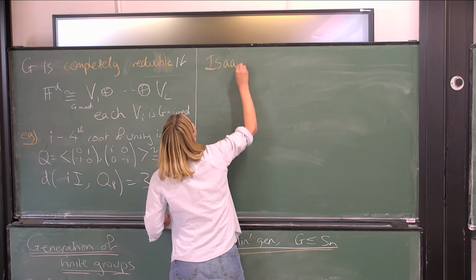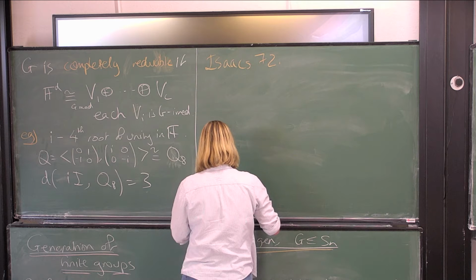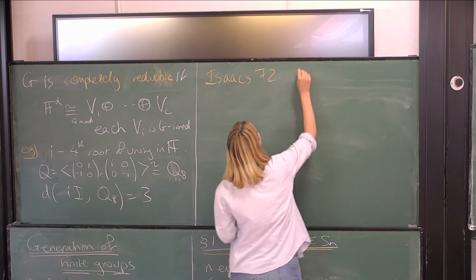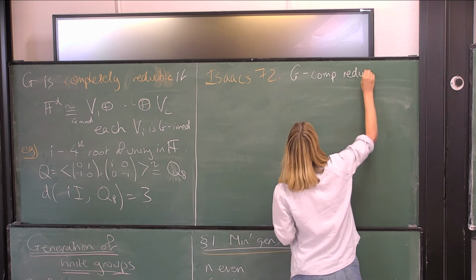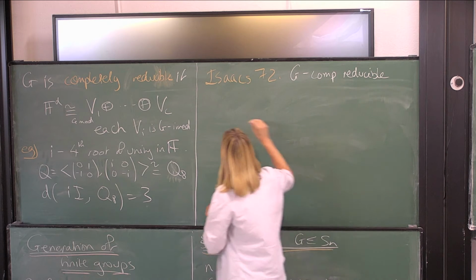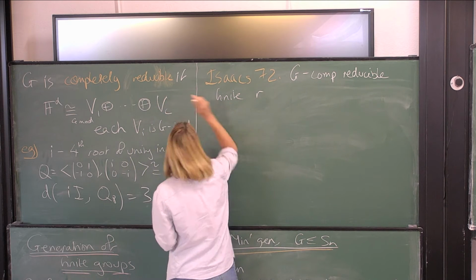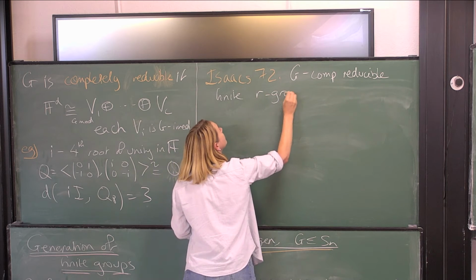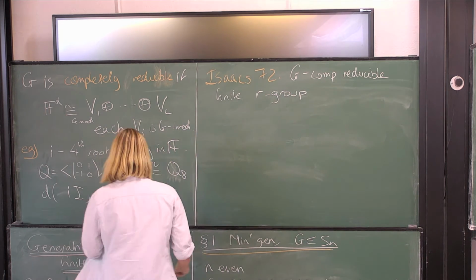So that gives me 3 for each 2-dimensional bit. And Isaacs, back in '72, proved that if G is a completely reducible finite, I want to say p-group, but it sounds too much like I'm talking about the characteristic, so let me just say finite r-group. We're making no assumptions on the field here.